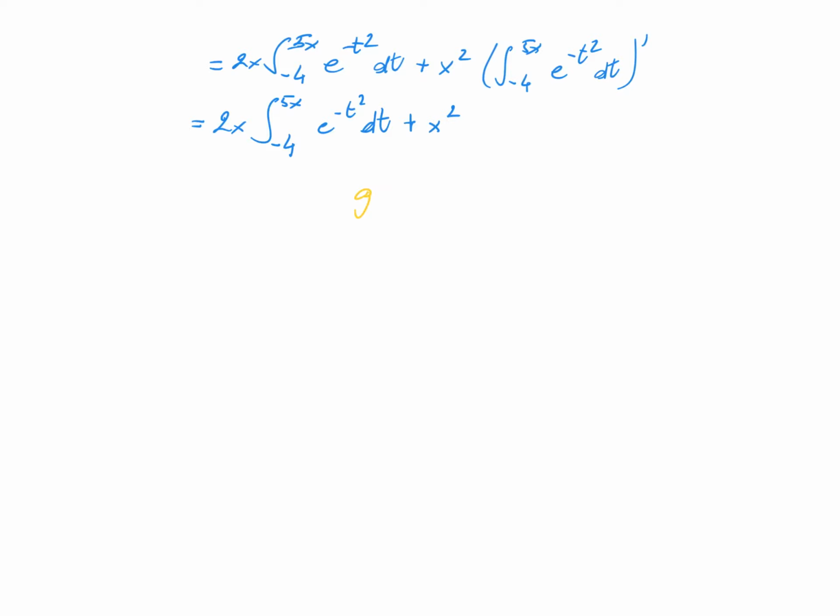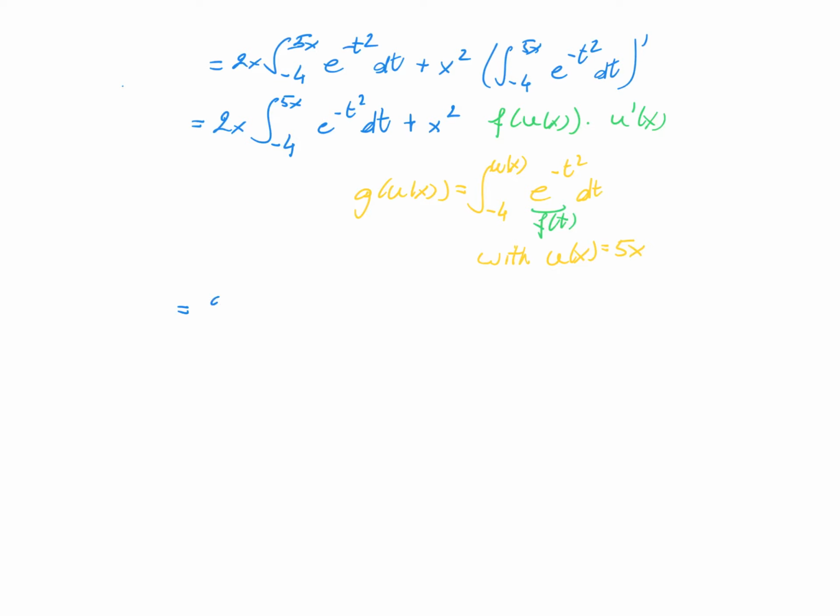So say g of u of x is the integral from minus 4 to u of x of e to the power minus t squared dt, and then we know that u of x is equal to 5x. This part here is my f of t, and so if I derive g with respect to u, this is f of u, so my derivative here is f of u of x times the derivative of u of x with respect to x because of the chain rule.